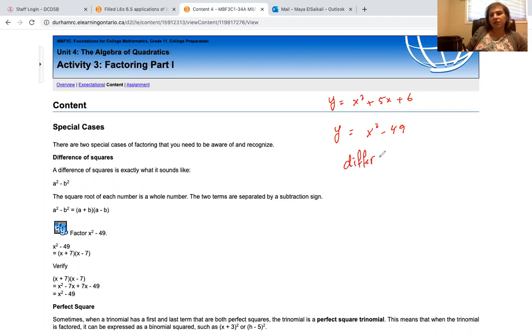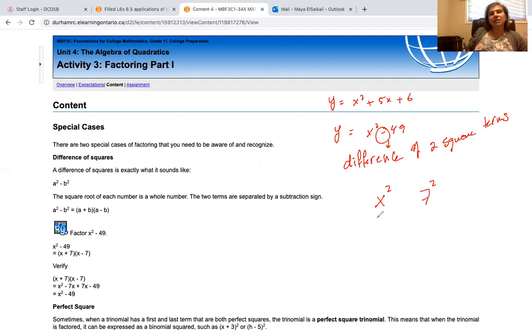Number one, difference means subtraction. So I have a subtraction of two square terms. Your first term is x squared, so it's a term that has a square on. The second term, 49, is actually a number squared, 7 squared.